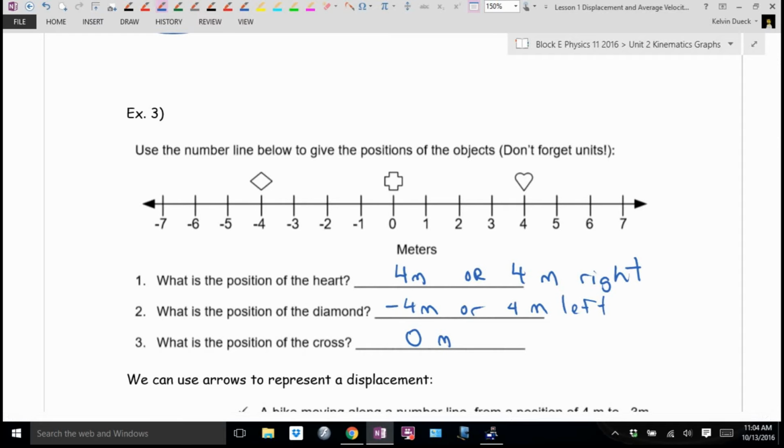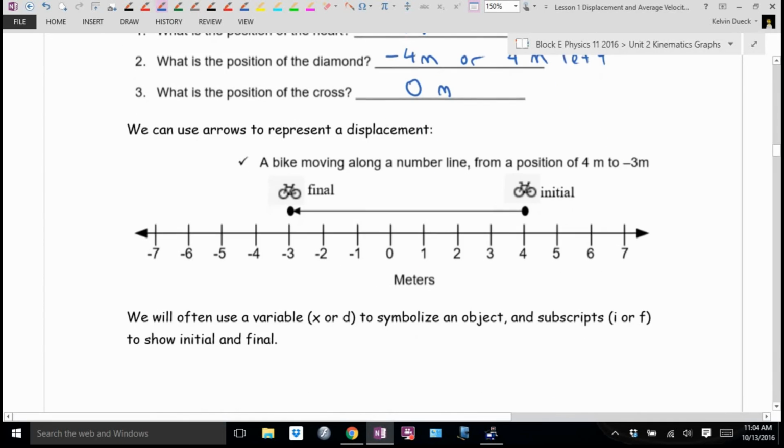So that's position, and I said that displacement was change in position, so we can use arrows to represent a displacement. We did that earlier with the bug question. A bike moving along a number line from a position of 4 meters to negative 3 meters, for example. We'll often use a variable, d or x.